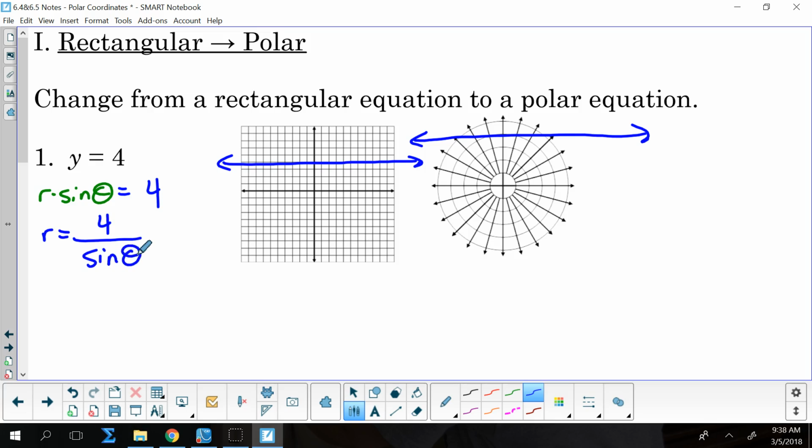Agree? Have I done any funky math yet? We've substituted and we've divided, is all we've done, right? Now, let's clean it up. Let's make it look pretty, like my pink shirt today. How can I change this around to make it look pretty?